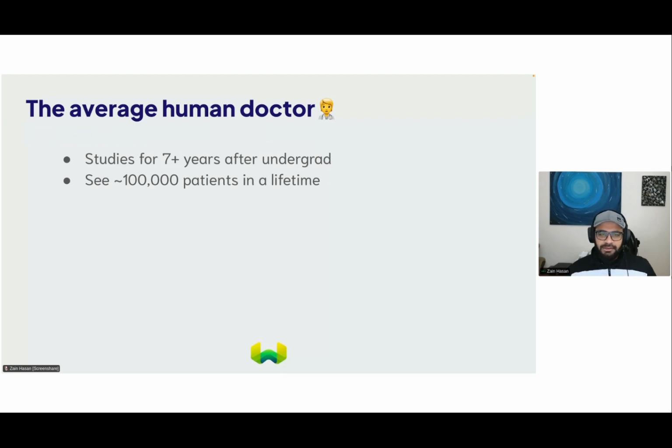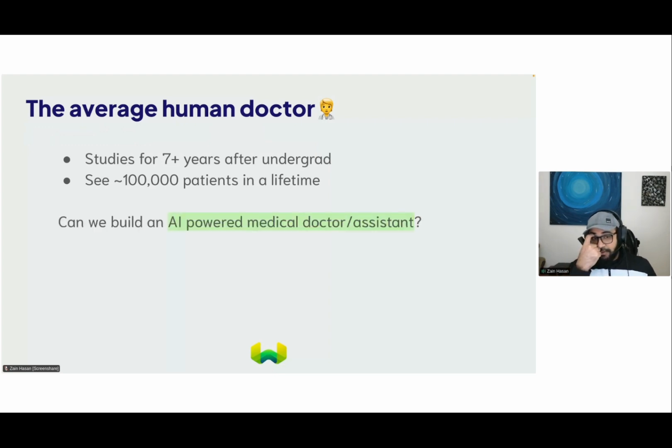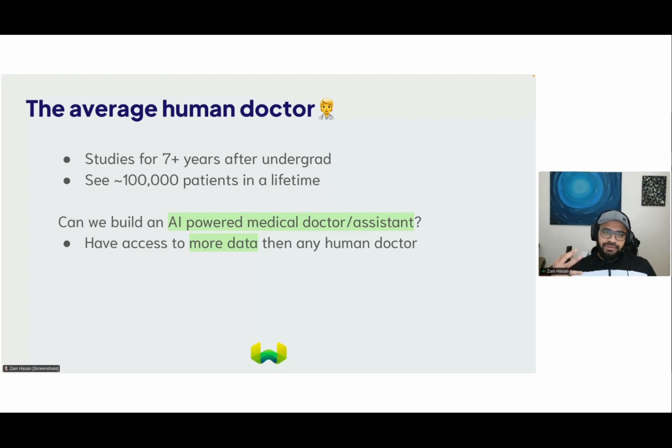Right? If we want to build a chatbot that can mimic or help a lot of what a human doctor has to do, it has to be able to do a few things. It has to have access to data, because a human doctor is able to access and retrieve and reason over information from not just medical school, but also daily interactions with patients over their entire career.